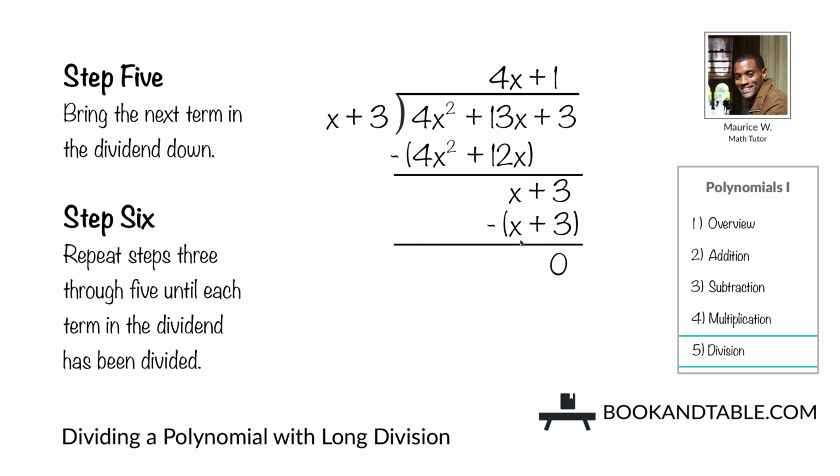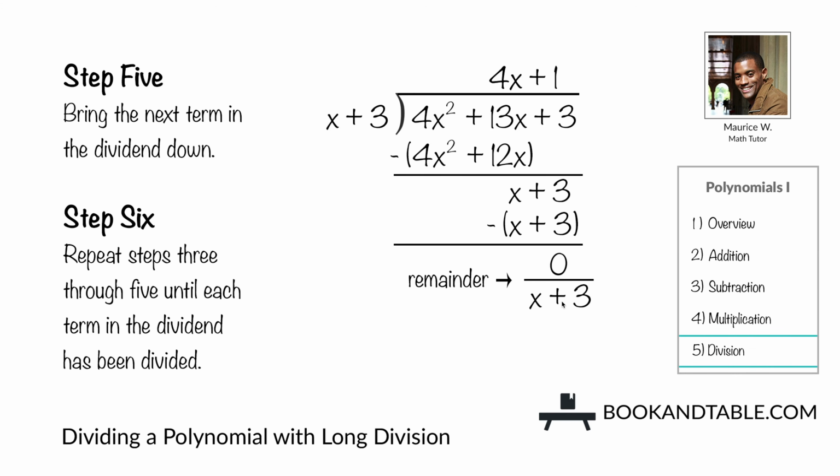And then we'll subtract this product from the dividend, giving us x minus x, which is 0, and 3 minus 3, which is 0. And now that we've gone through each term in the dividend, we have our answer, 4x plus 1, with the remainder of 0 over x plus 3.